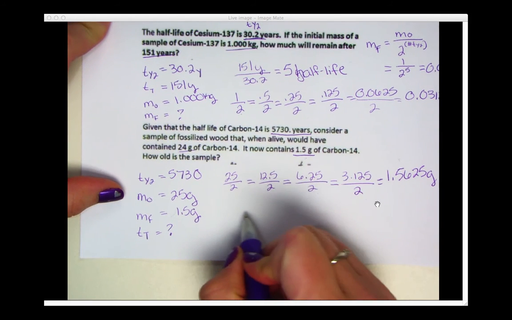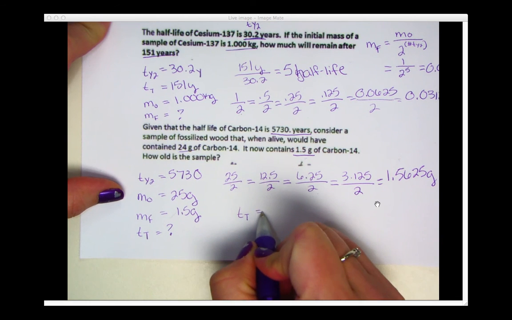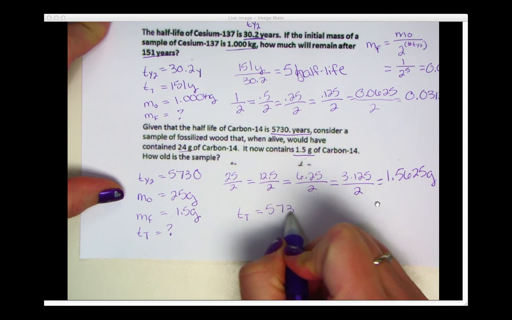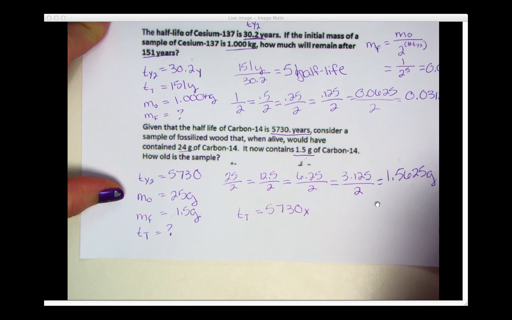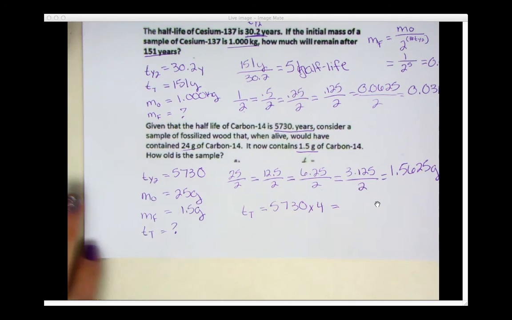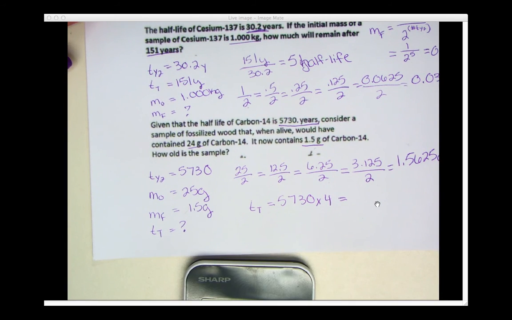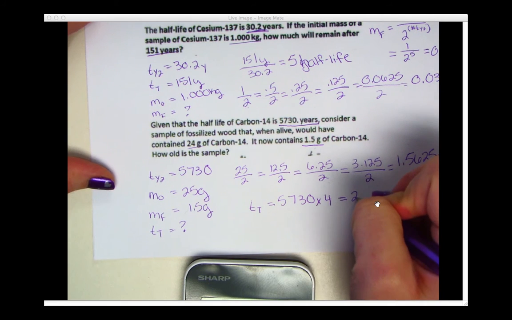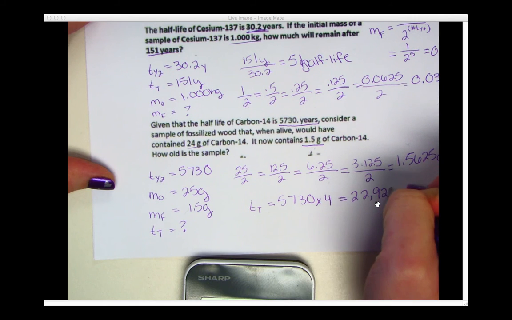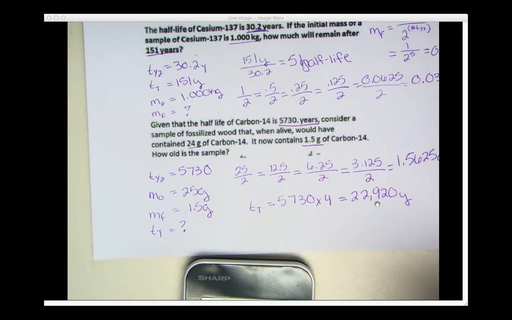So I'm going to do 5,730 times 4 to get 22,920 years. So in order for our sample of carbon-14 to decay from 24 to 1.5 grams, we are going to have to wait a time period of 22,920 years.